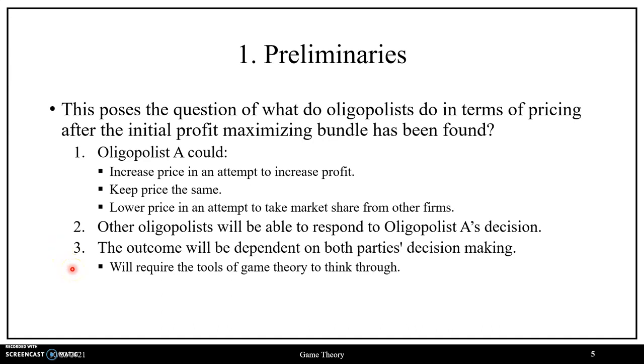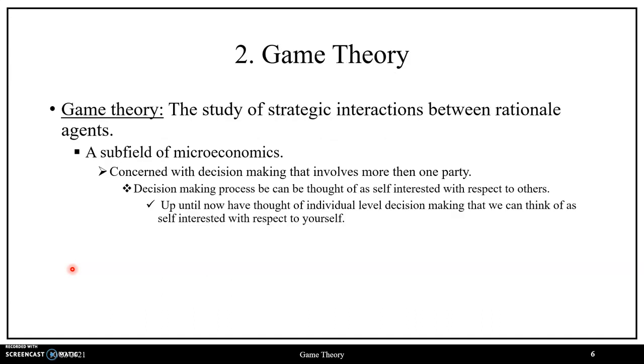In order to analyze this further, this will require the tools of game theory, where game theory is the study of strategic interactions between rational agents. This is a major subfield of microeconomics that is concerned with decision making involving more than one party, where we can think of this decision-making process as being self-interested with respect to others.